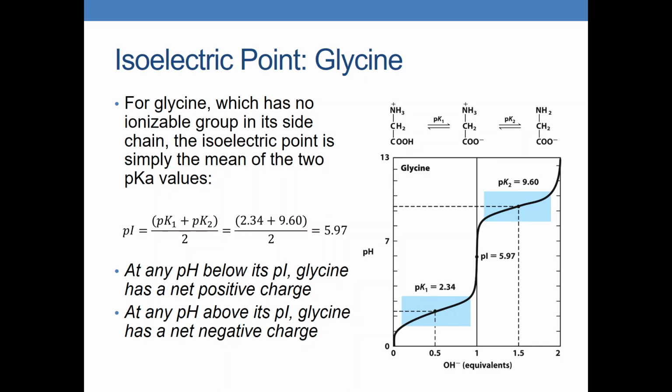But for the amino acid, you can at least make predictions about the overall charge. So at any pH that is below your pI, so here's your pI, at pHs below that pI, you are going to have an overall positive charge for your amino acid. This should make perfect sense.